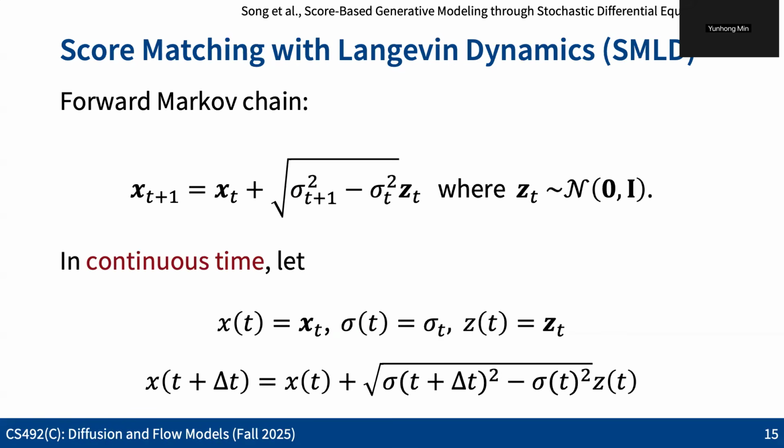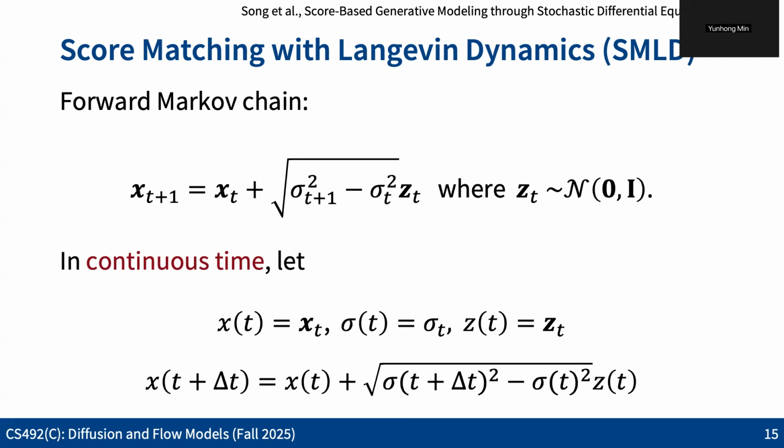So these are for discrete time steps, right? Given some time range from 0 to capital T, when you have a finite number of discrete time steps, then we're going to have those Markov chains. The question is, what if we increase the number of time steps to infinity?